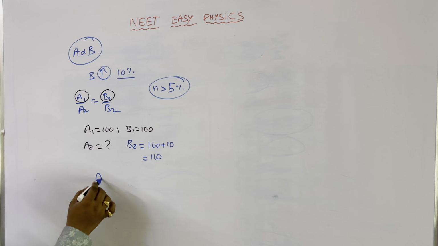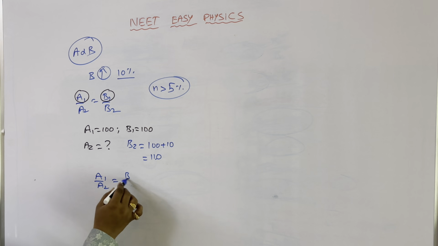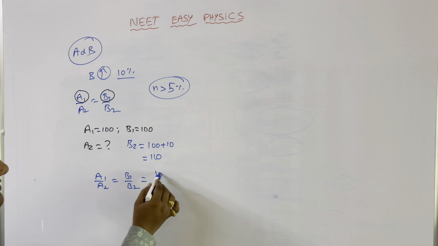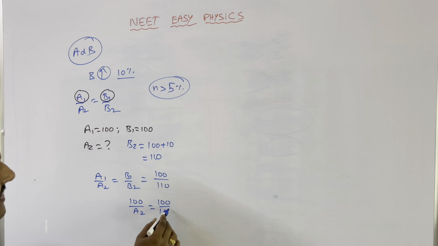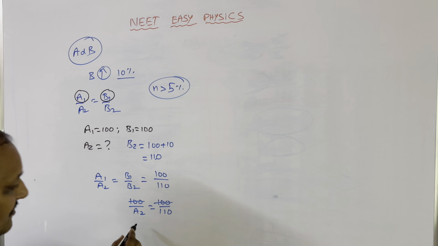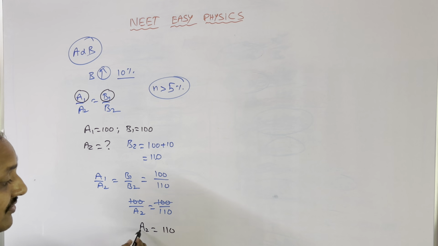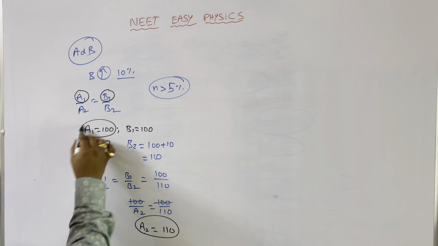Now substitute in A1 by A2 equal to B1 by B2. B1 is 100, B2 is 110, and A1 is also 100. So A2 is 100 by 1 times 110 by 100. If you cancel 100 and 100, A2 is going to become 110. So you got A2 as 110 if you take A1 as 100.